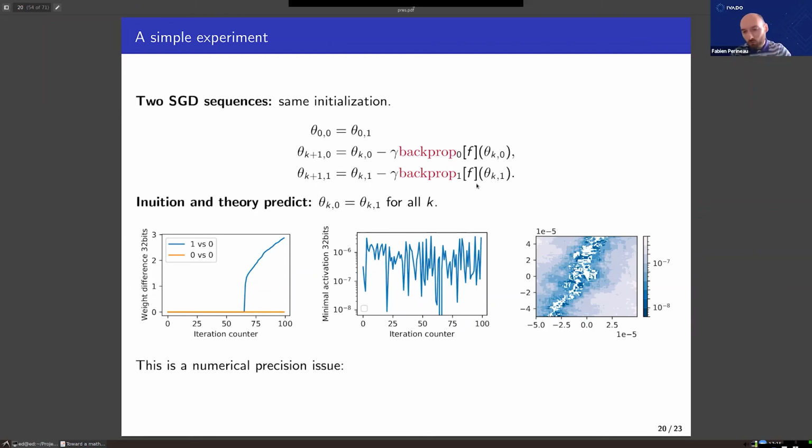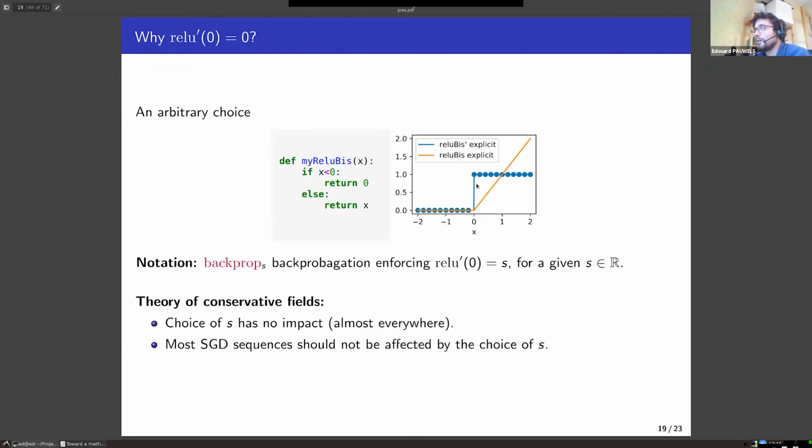Is there any connection between backpropagation and subgradients? Yes, there is. What backpropagation is computing is actually a subgradient of ReLU, so there is a very strong connection. The idea is that subgradients are not compatible with calculus.